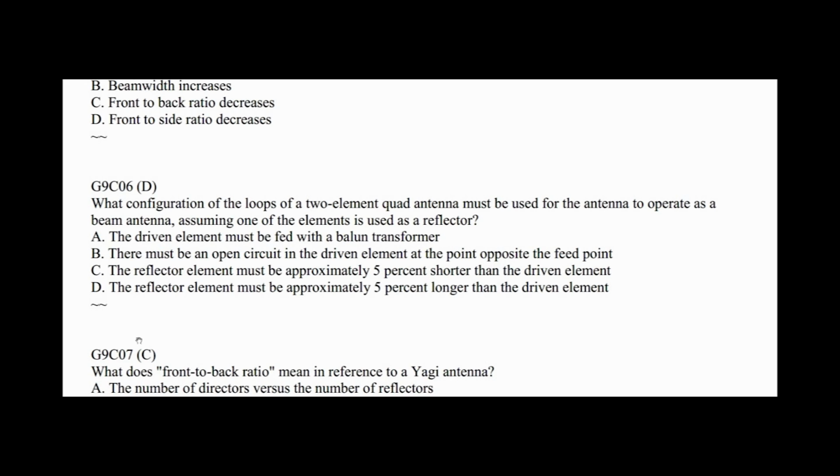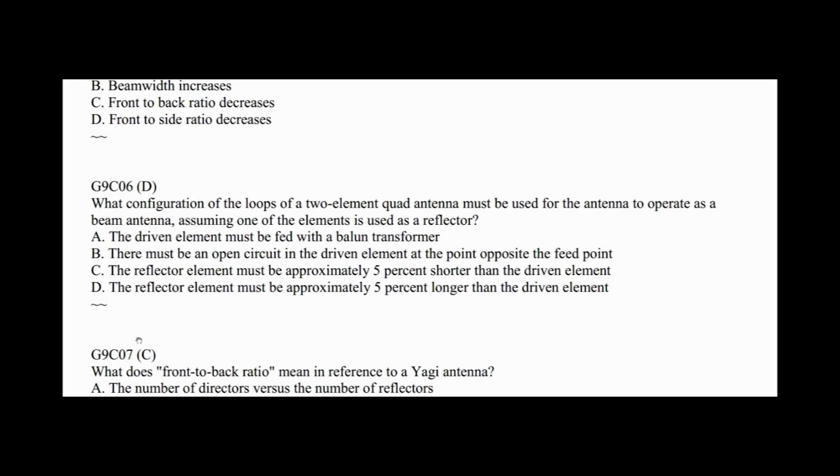On Yagis and quads, just as a rule of thumb, yes, there are exceptions. Just as a rule of thumb, between 3 and 5% is the variation in the length of the elements. On a 2-element quad, it says the reflector must be approximately 5% longer than the driven element.